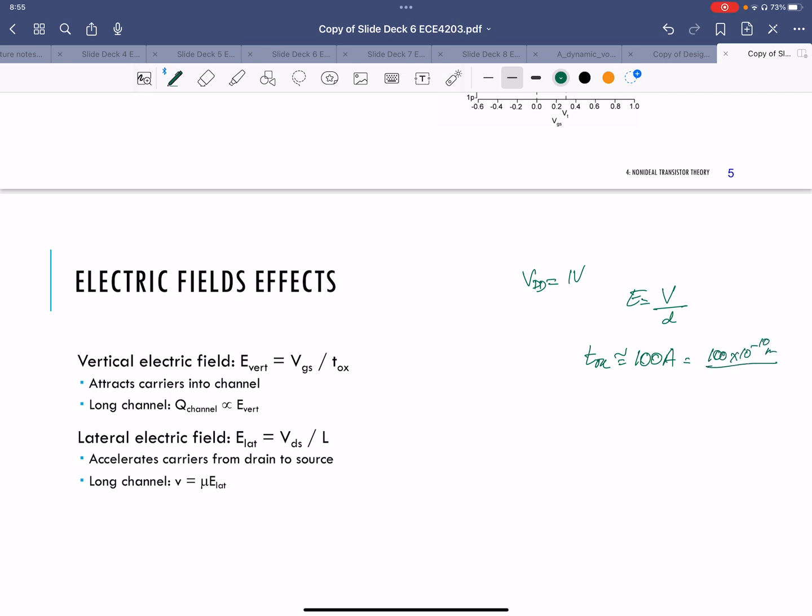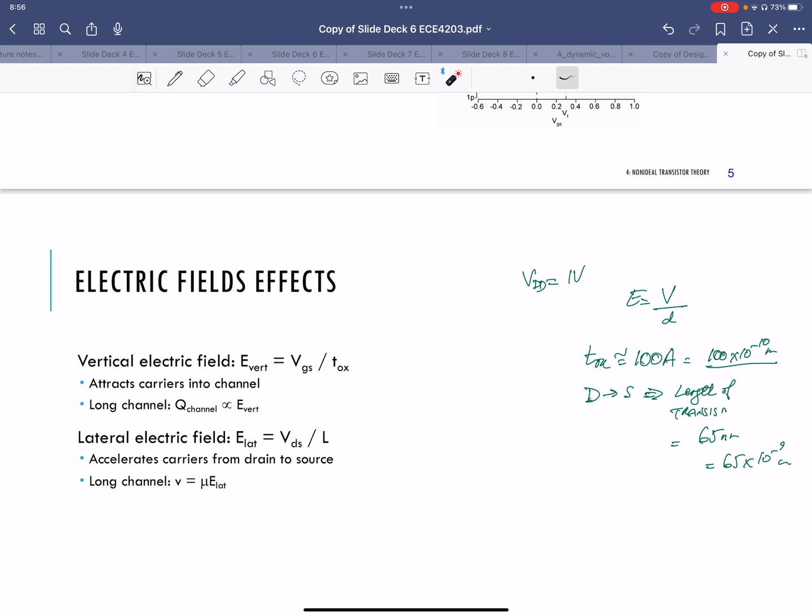So a very, very small distance. And the space between the drain and the source is also the length of the transistor, and we're saying that's 65 nanometers, or 65 times 10 to the minus 9 meters. Again, a very, very small number. So you plug in these really small numbers in the denominator here, and you get an enormous electric field in these MOSFETs, in these short channel devices.